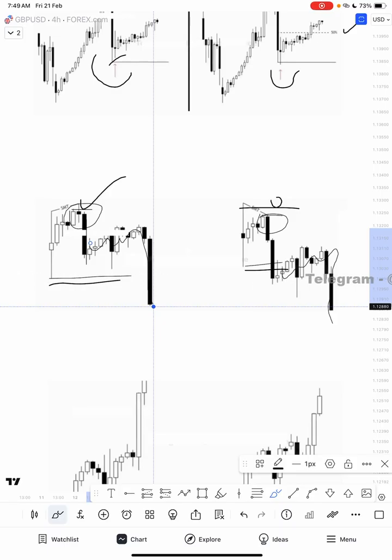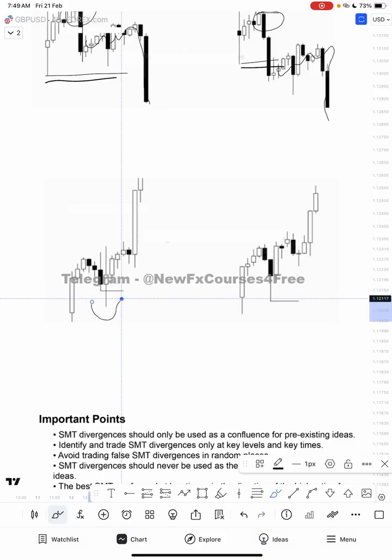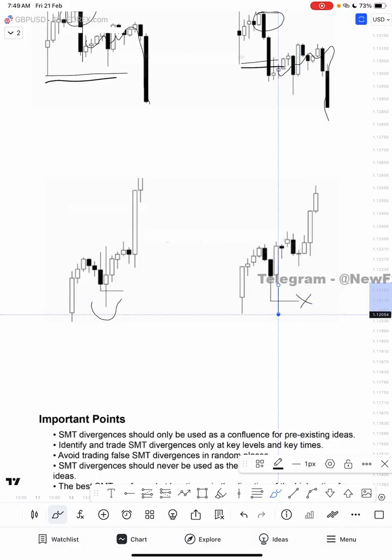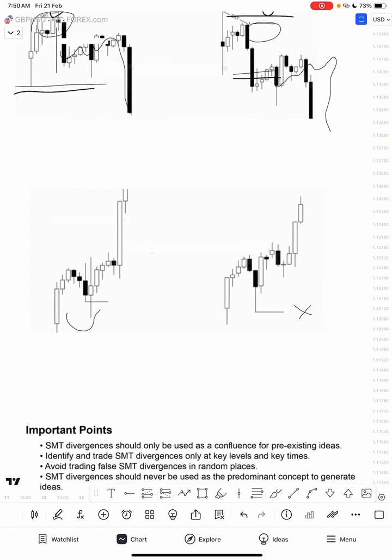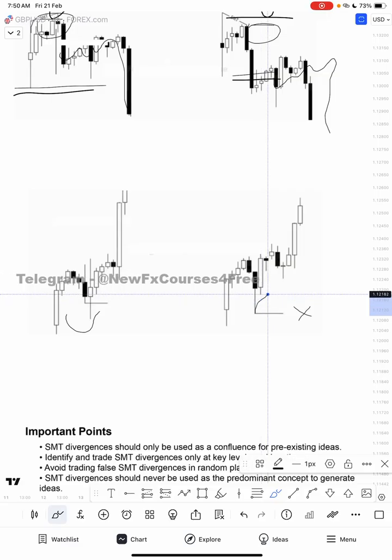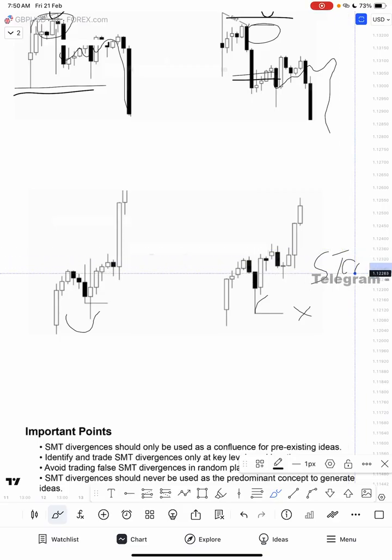So enough of that. Here are some examples. Here candle range low swept, but here candle range low was not actually swept with this move. So this is actually an SMT divergence, and this actually shows that this asset is more bullish, more strong than this asset.